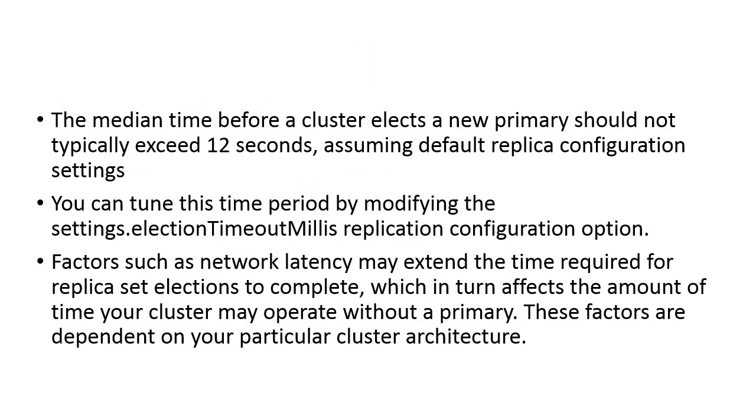The median time before a cluster elects a new primary should not exceed 12 seconds, assuming the default replica configuration settings, and you can also tune this time period by modifying the settings. Factors like network latency may extend the time required for the replica set election to complete, which in turn affects the amount of time your cluster may operate without a primary.